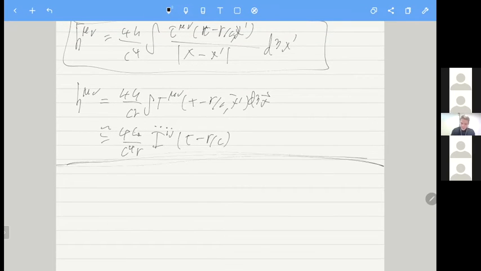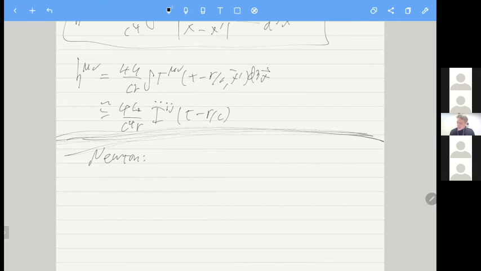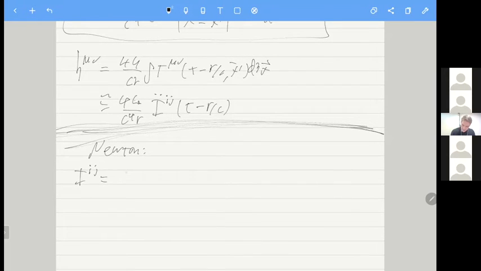And it turns out that you can produce a lot of predictions based on the Newtonian formula, where essentially in the Newtonian limit, this tensor I_ij is an integral over the mass density multiplied by the spatial coordinates.